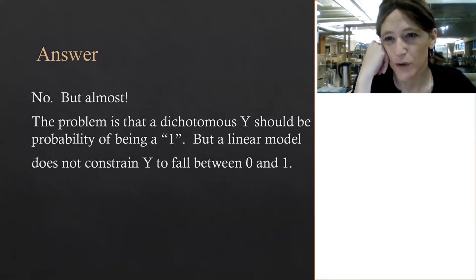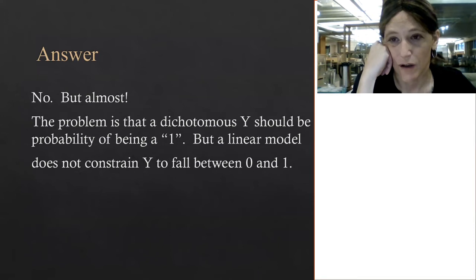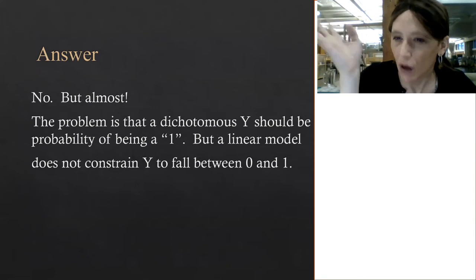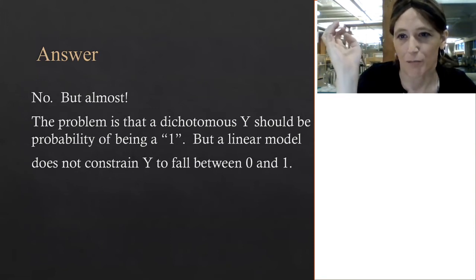And that almost would work, except the way a linear model works is it wouldn't constrain Y to fall between 0 and 1, which a probability has to fall between 0 and 1. You can't have a negative probability. So linear regression would almost work for a dichotomous outcome, but it doesn't.